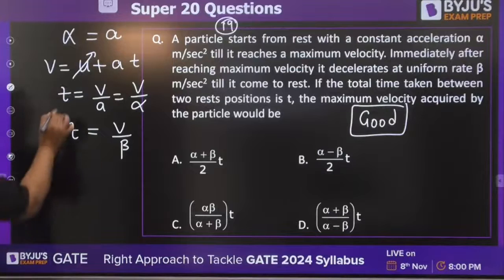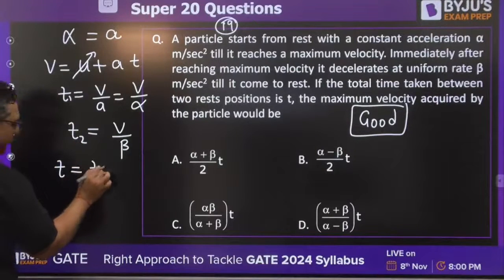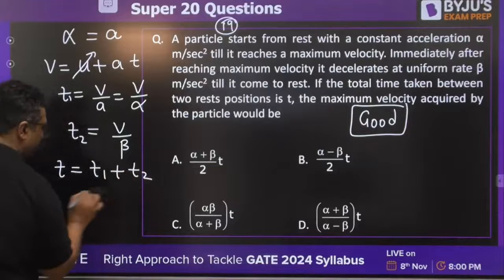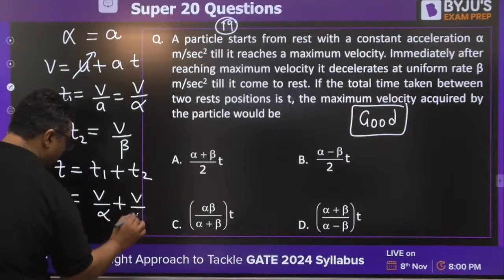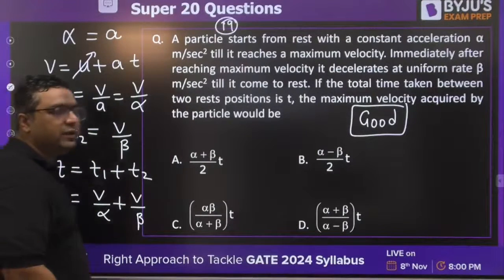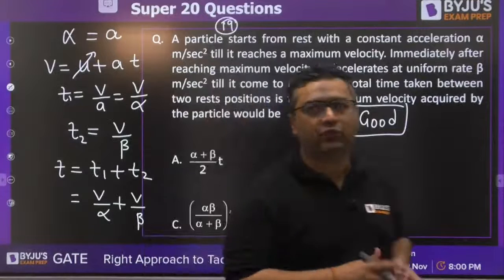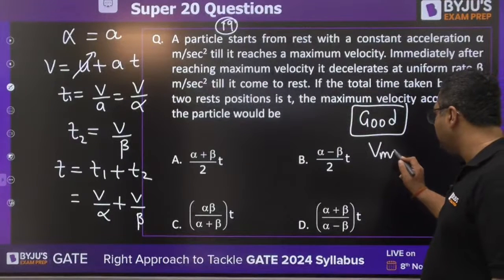So total t is t1 plus t2. So you can write v by alpha plus v by beta. Both the times it reaches the same velocity, so the maximum velocity is v.